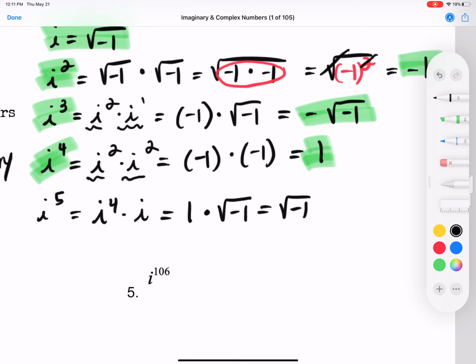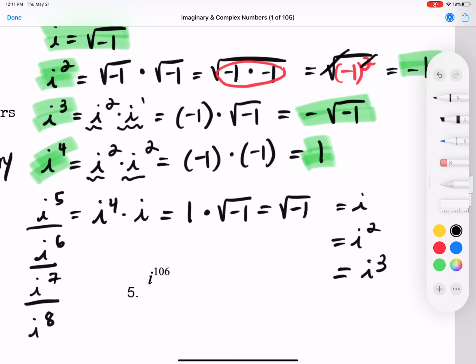And you can tell that if you keep going with your cycle, like if you talk about i to the 6th power and then i to the 7th power, it's just going to cycle. So i to the 5th power is actually the same thing as i, okay? i to the 6th power is actually going to be the same thing as i squared. i to the 7th power is going to be the same thing as i cubed.